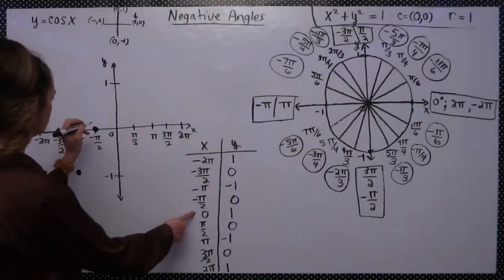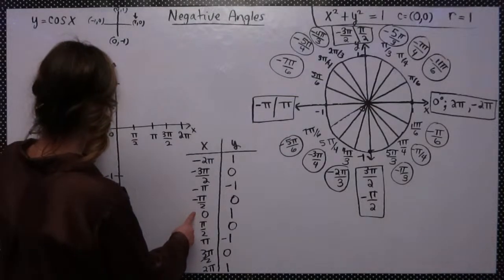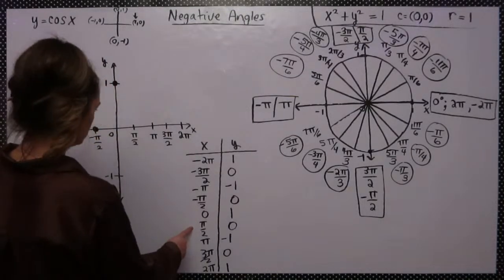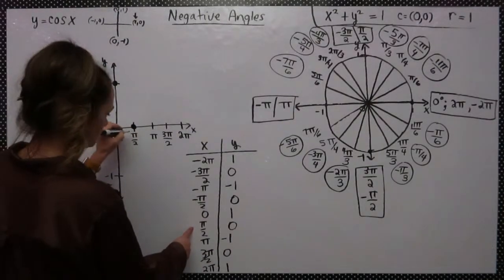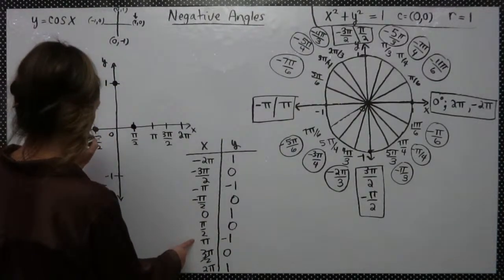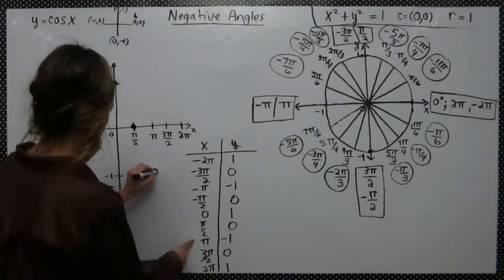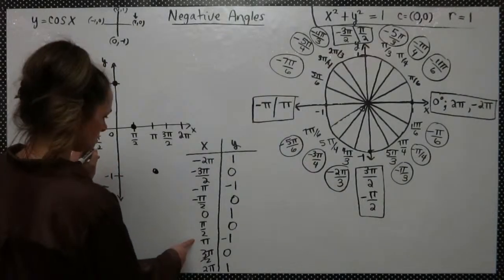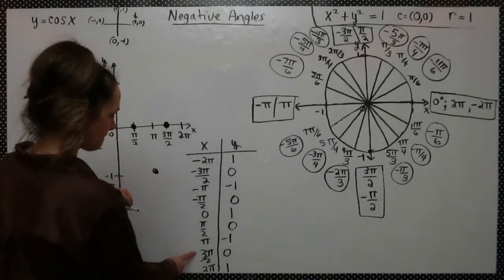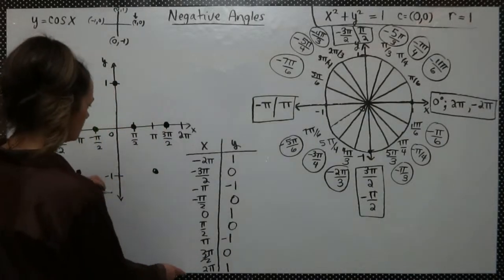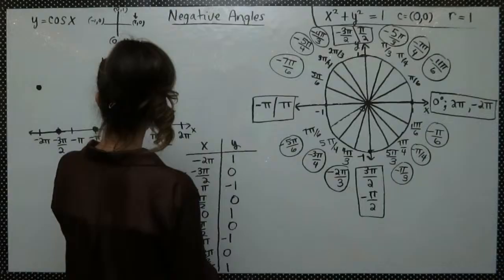At 0, I'm at positive 1. And then pi over 2, I'm back to 0. Pi is -1. And 3 pi over 2 is back to 0. And 2 pi is back to +1 here.